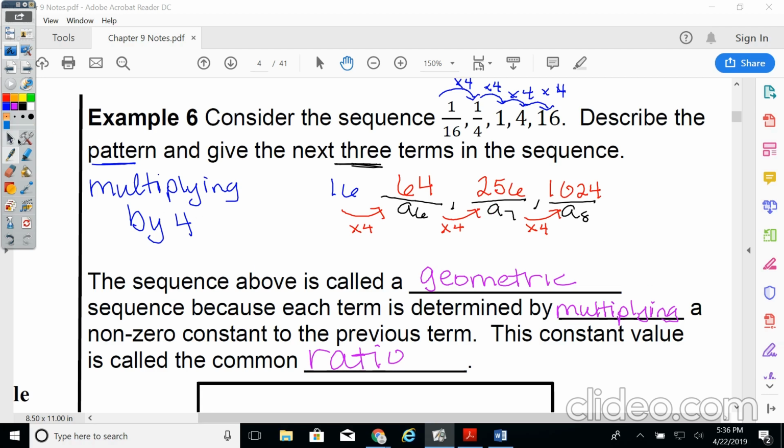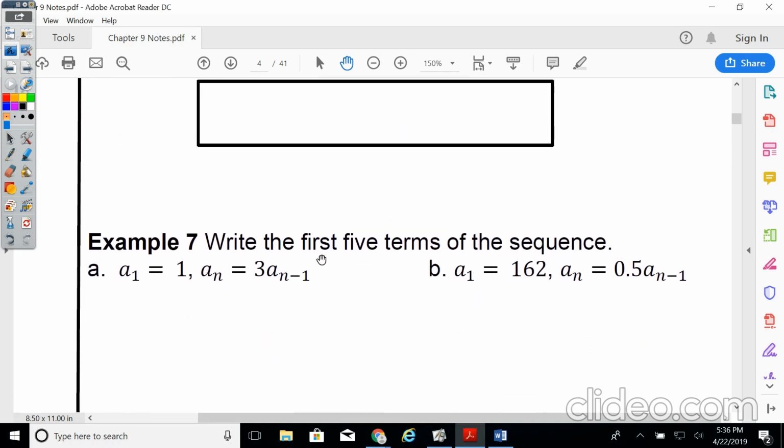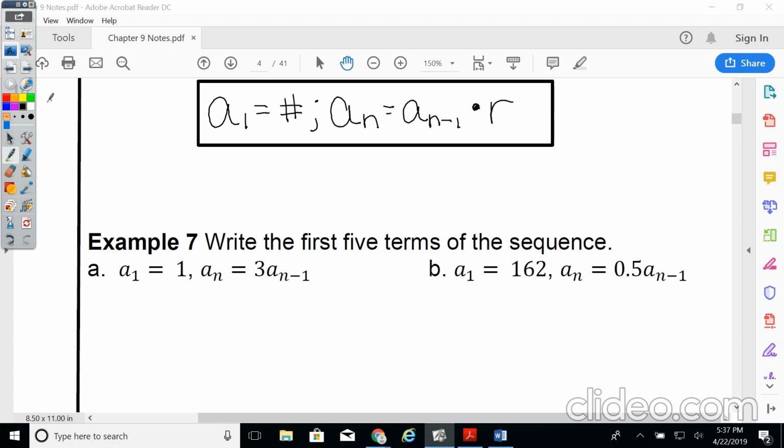Just like we did for arithmetic, we're going to have 2 different formulas, a recursive and an explicit. The first part is the recursive formula. Reviewing what recursive means: you start with the first one, so we still have a sub 1 is the number. Then to get the next term, a sub n, you take the previous one, n minus 1, and multiply that by the common ratio.